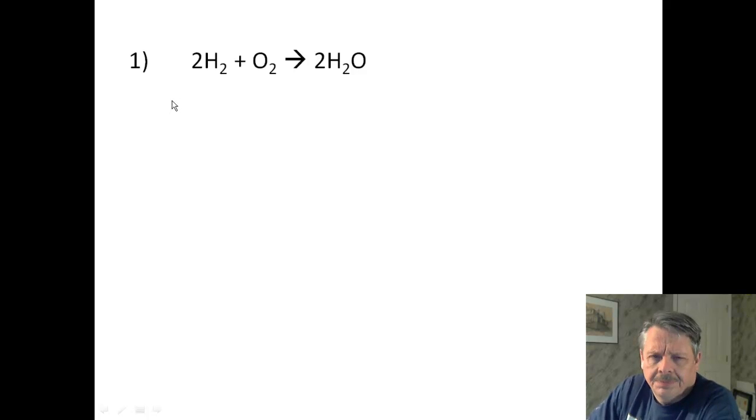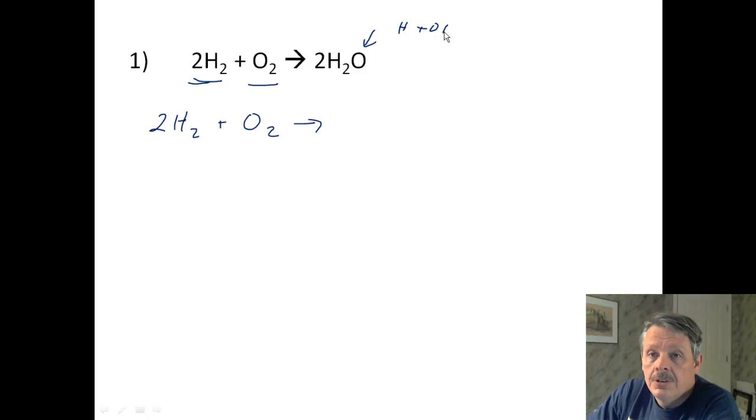When you look at what we have here, we have 2H2, which is a gas, plus O2, and it's becoming water. But when you think about this, it actually is broken down into pieces. This is really H plus OH, a positive and a negative thing.